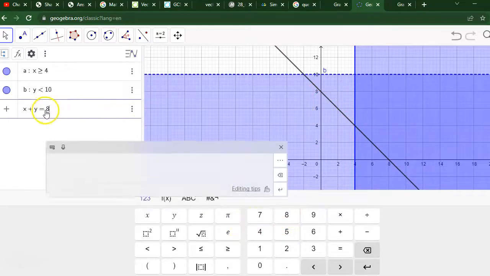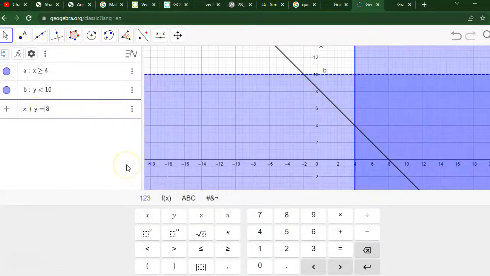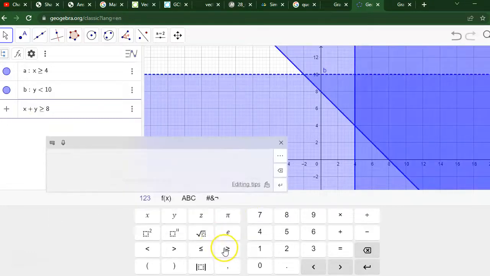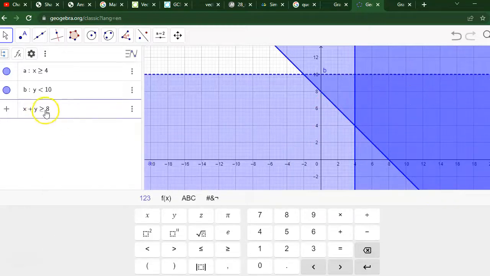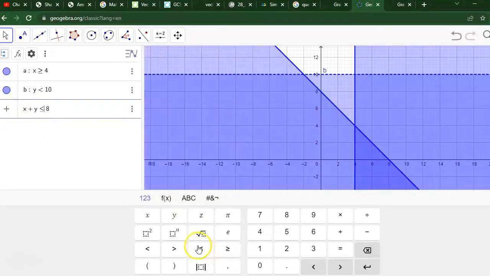Now if I write x plus y greater than or equal to 8, you are going to shade this side, so our answer is going to be this area. If you want to know how it shades the down one, delete it, and write x plus y is less than or equal to 8.